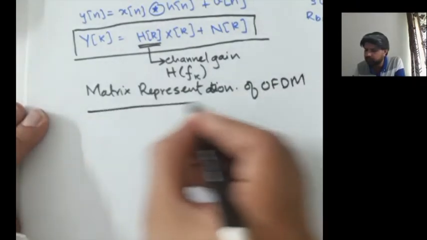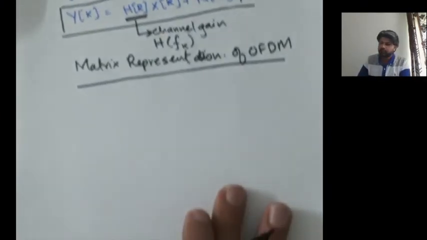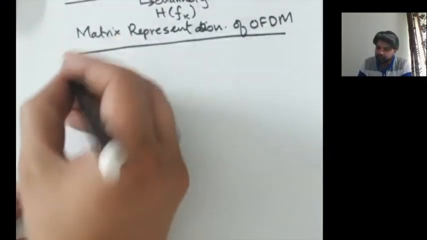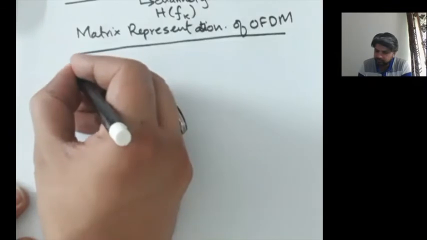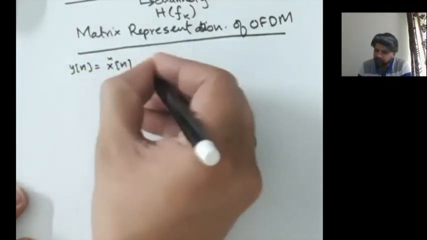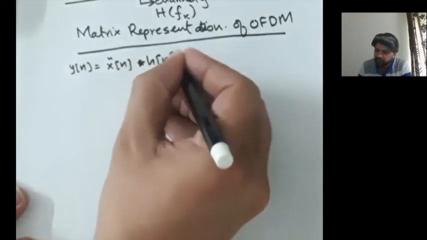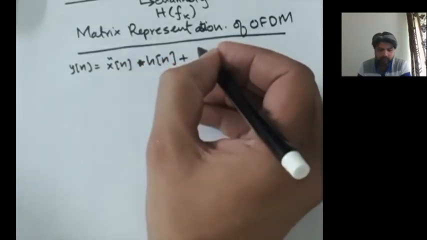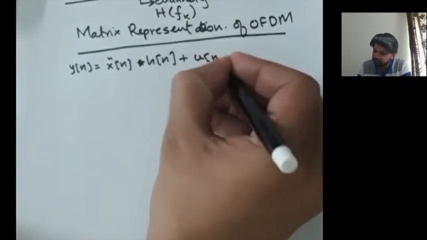In the matrix form, you can write your y of n as x tilde of n convolved with h of n plus some noise vector, which we call v of n.